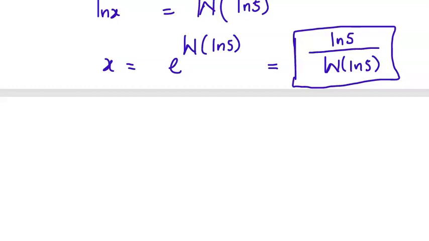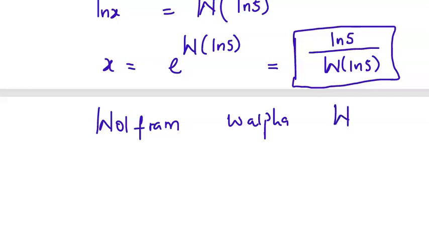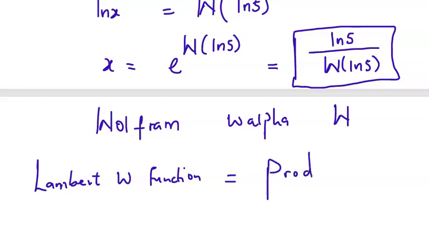So you can use the Wolfram Alpha for that. But if you want to input this in the Wolfram Alpha, we don't use W. The Lambert W function, do not forget, is being understood by the Wolfram Alpha as the product logarithm. So it is also called the product logarithm or the product log.